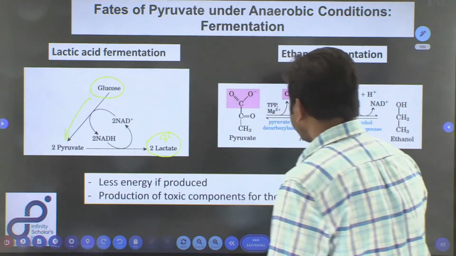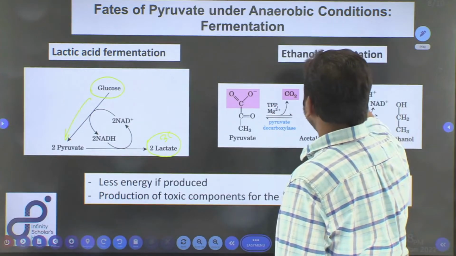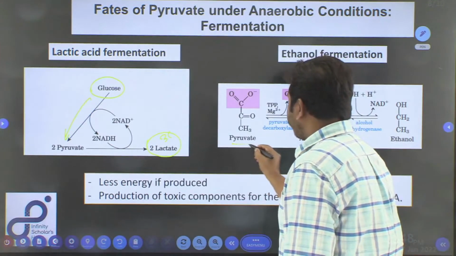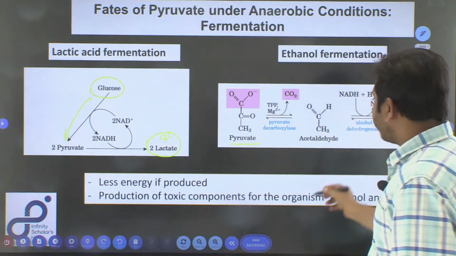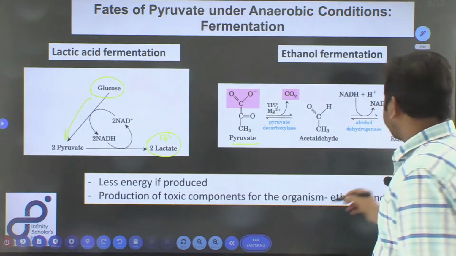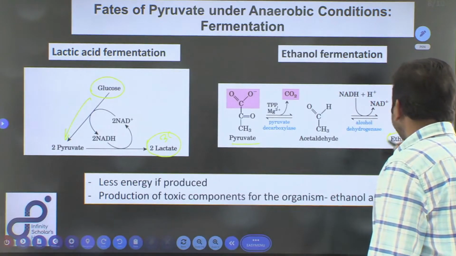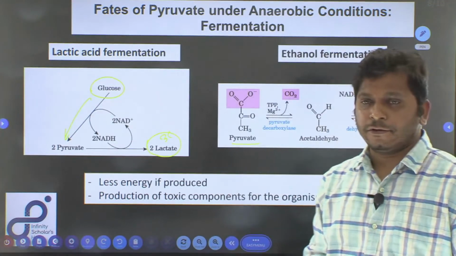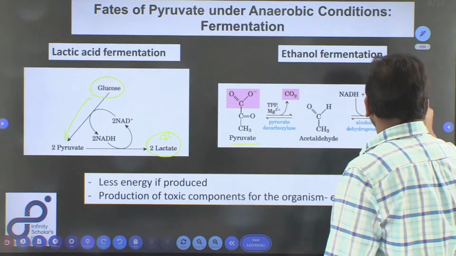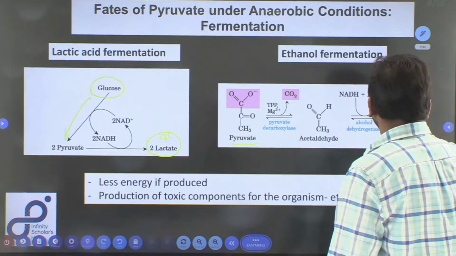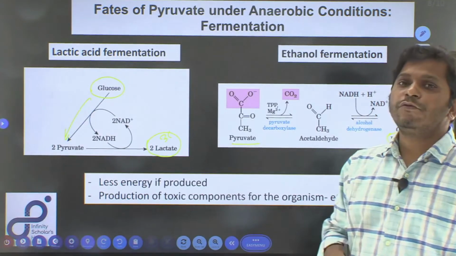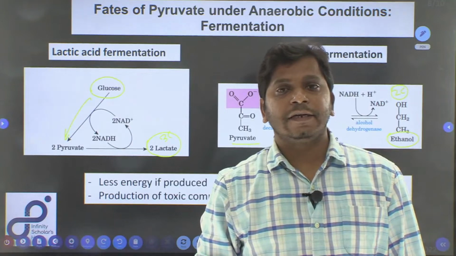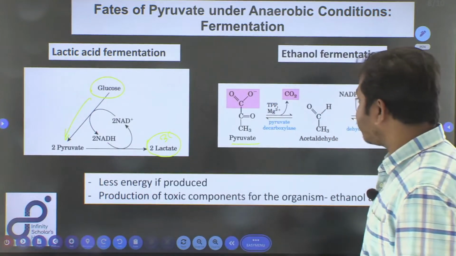In the case of ethanol fermentation, pyruvate, by a two-step reaction process, finally gets converted into ethanol, and carbon dioxide is also released in this process. Ethanol is a two-carbon compound, so two molecules of ethanol and two molecules of carbon dioxide are released.